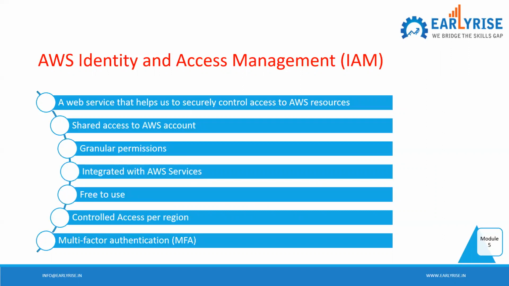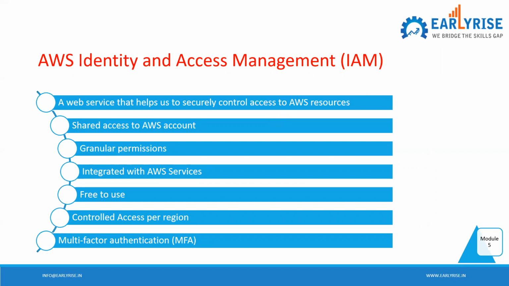So that's good. Here AWS is giving us the option for identity and access management, for controlling access to AWS resources. It's a web service that helps us securely control access to AWS services.